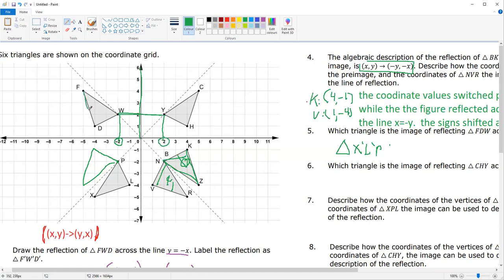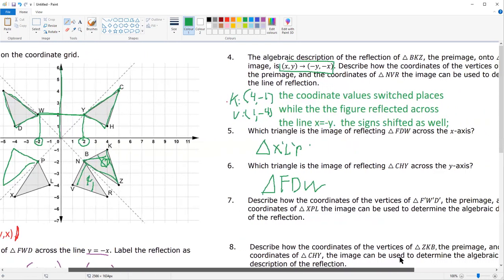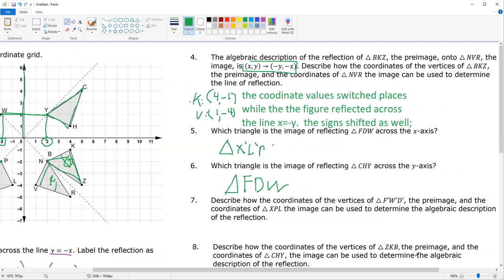So our FDW here is reflecting CHY. So the answer is triangle FDW.